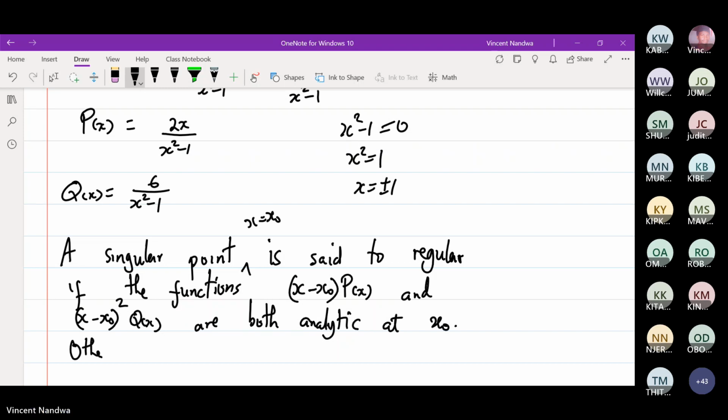Otherwise, if that's not the case, x equals x naught is an irregular singular point.